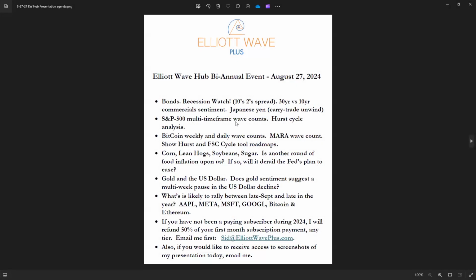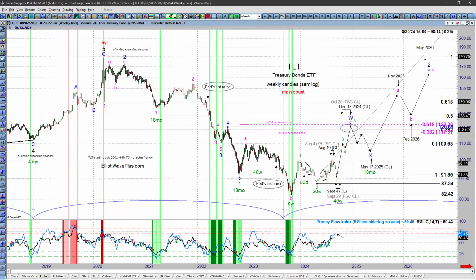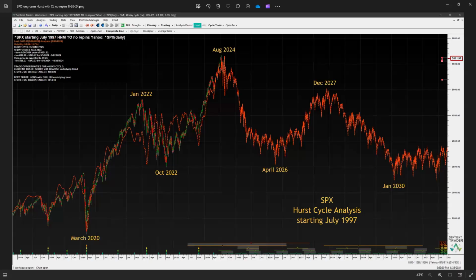So the next thing I'm going to show you is the S&P 500, some multiple time frame charts on the S&P 500. And before we do that, I'd like for you to look at the long-term, well, that's not right. Here we go. This is Hurst cycle analysis on the S&P 500.